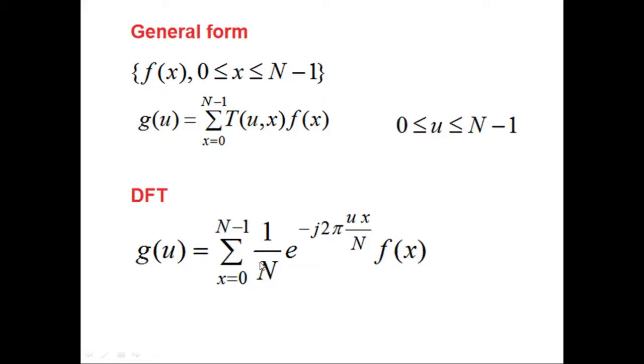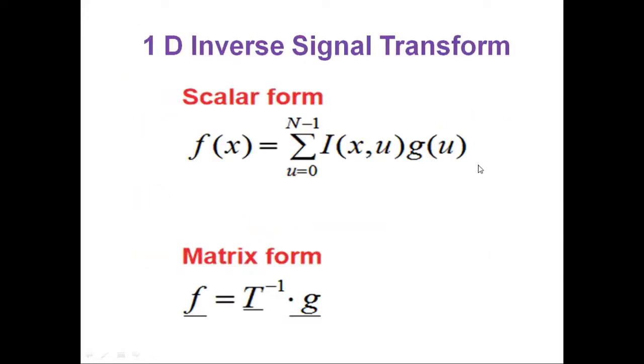So we are replacing this exponential function in place of t u of x, and we are getting the discrete Fourier transform. So signal f of x is translated into the Fourier coefficients where u varies from 0 to n minus 1. For every transform there exists the inverse signal transform.